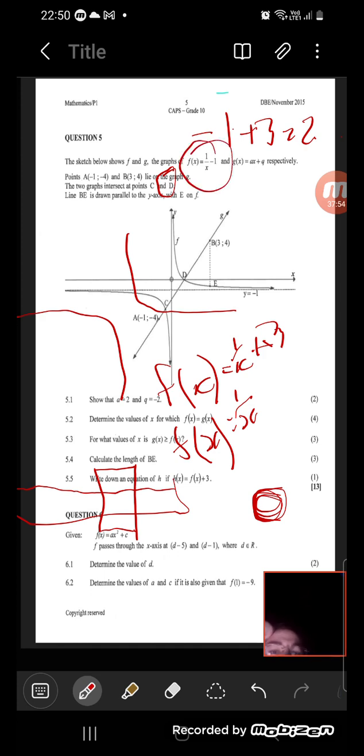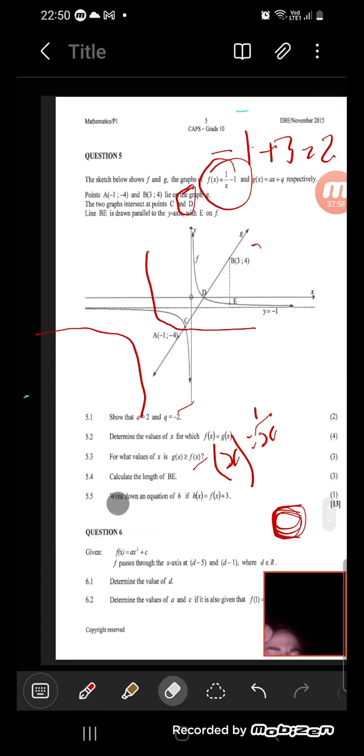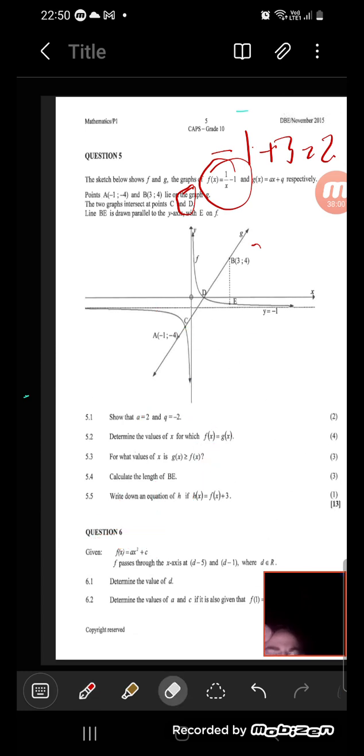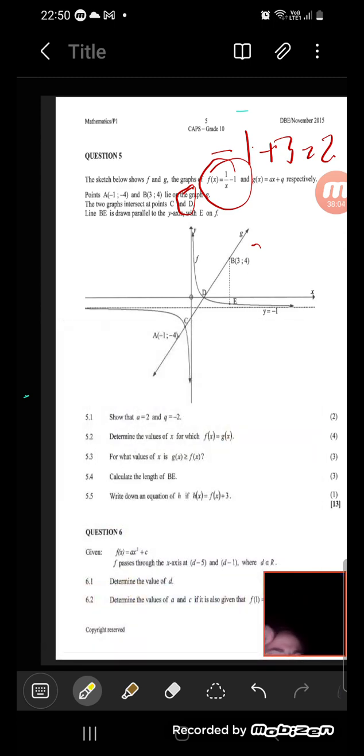So this new equation will be h of x is equal to 1/x plus 2. That's the new equation.